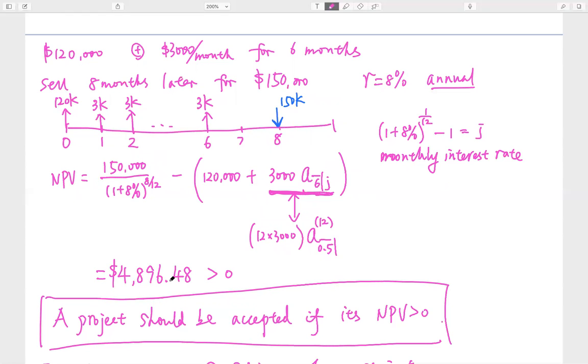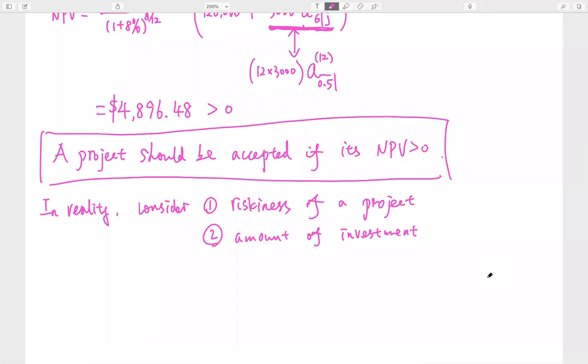So don't just look at this amount. This amount, of course, is important. We will only take a project once its NPV is positive. But of course, if you invest this amount and the return is only $5,000, you probably want to think about it, right? So that's why I put in reality, we actually need to consider more factors. But for this course, we don't deal with this, okay?